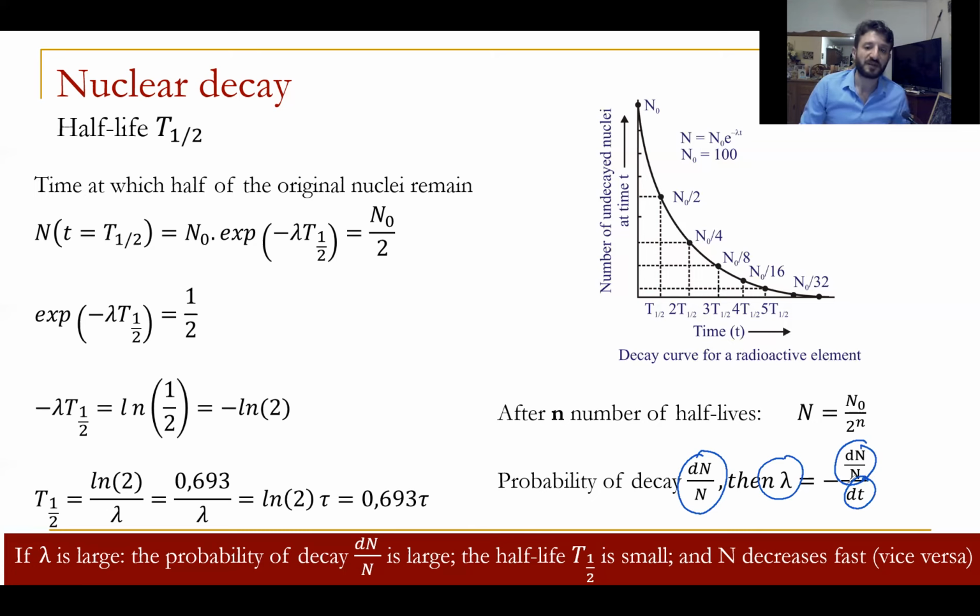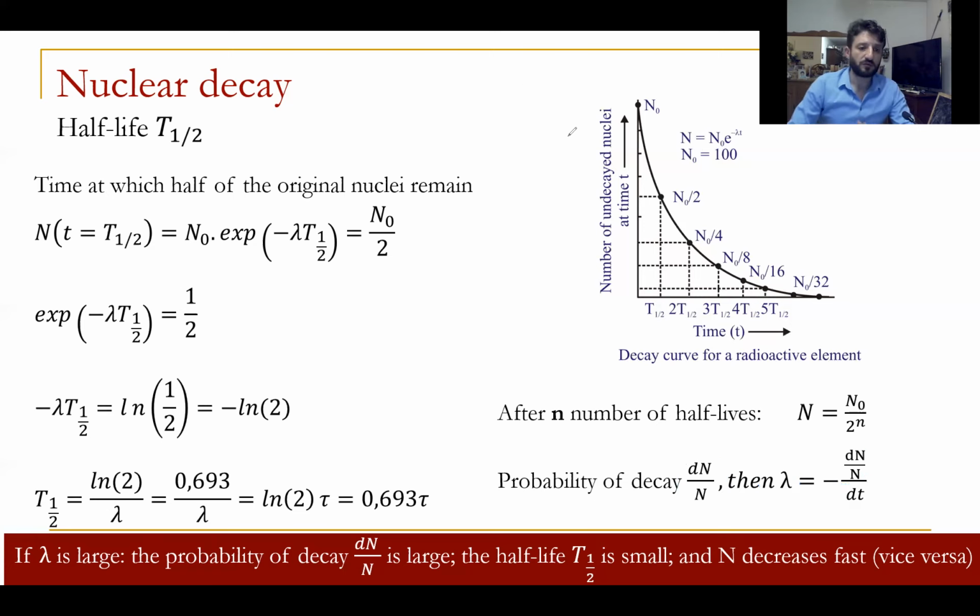We can say it is the probability of decay per unit time. We talked about lambda before. We can say decay rate, or the probability of decay per unit time. Probability of decay is delta N divided by N, and lambda is equal to this value per unit time.